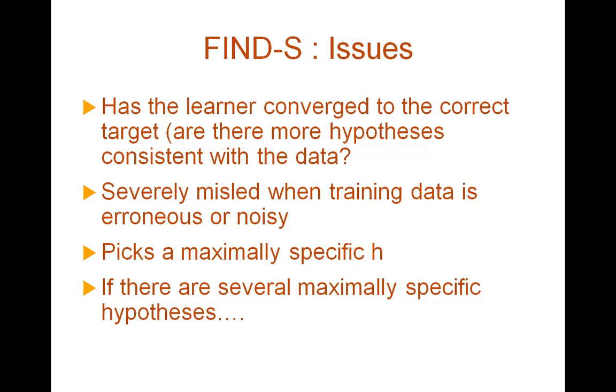And why specific hypothesis? The question is why only the maximally specific hypothesis? That assumption itself is actually not correct. And there may be some other maximally specific hypothesis that we also don't know. So these are a few drawbacks of the Find-S algorithm.